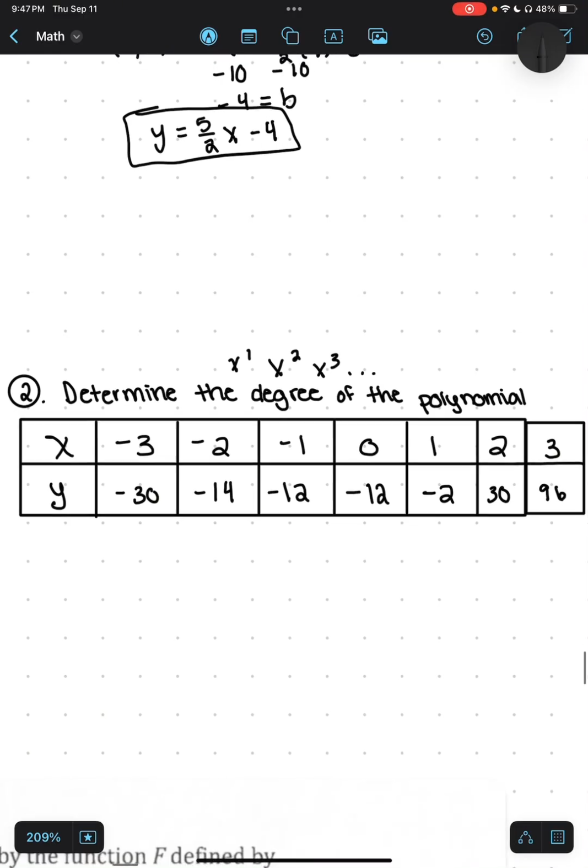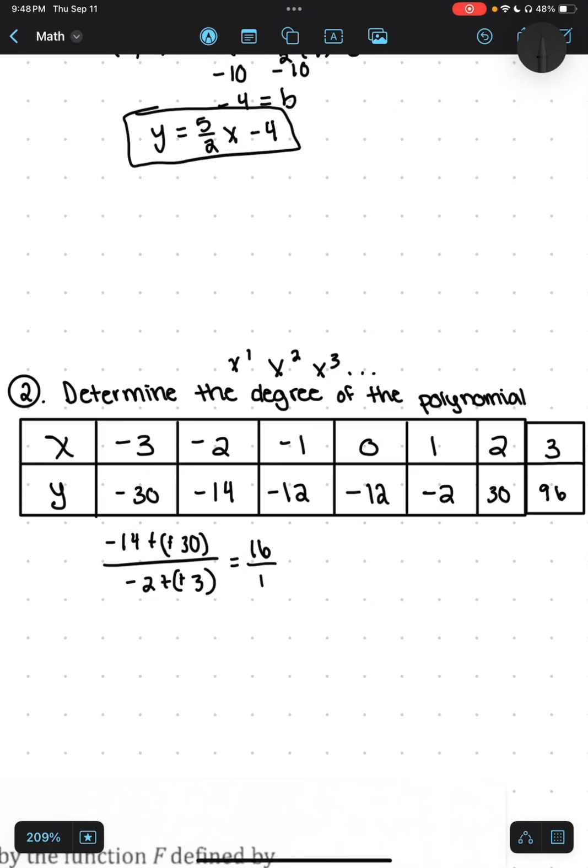So negative 14 minus 30, and then divided by negative 2 minus 3, and then addition is equal to 16 over 1.